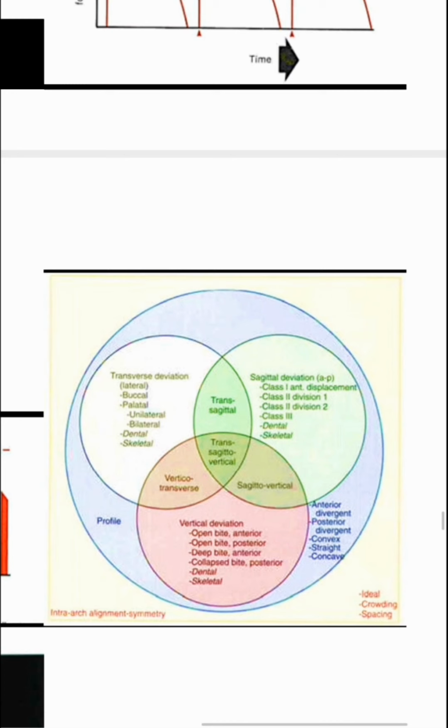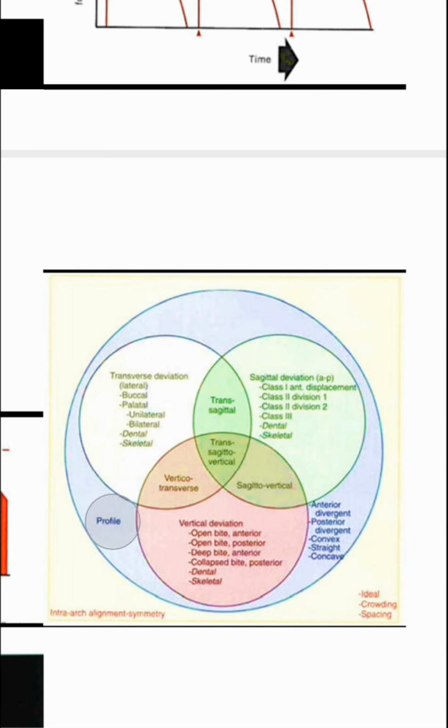This is the symbolic diagram, that is the Ackermann-Proffit classification. It identifies 5 major characteristics that are to be considered and are described in this diagram. Step 1 is alignment. It involves assessment of the alignment and symmetry of the dental arches.